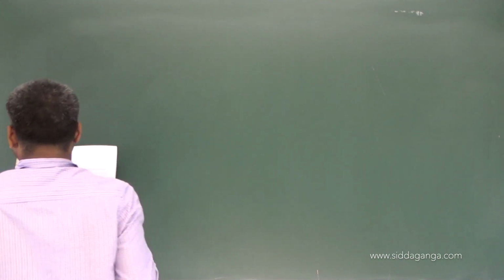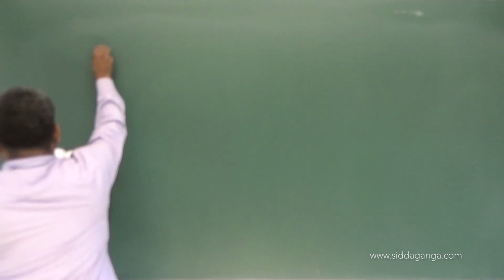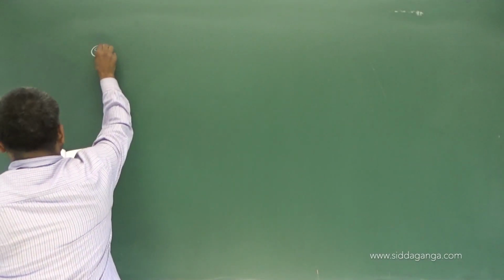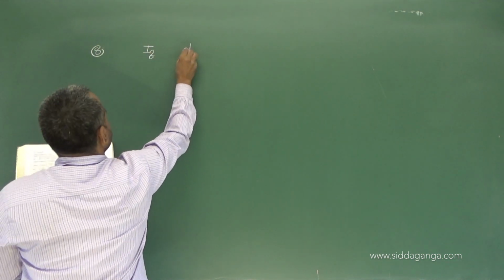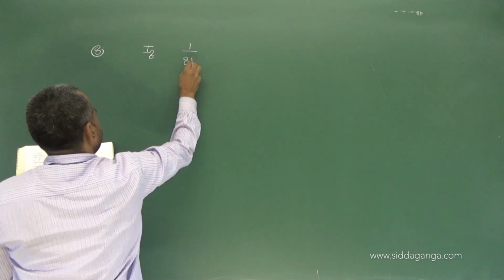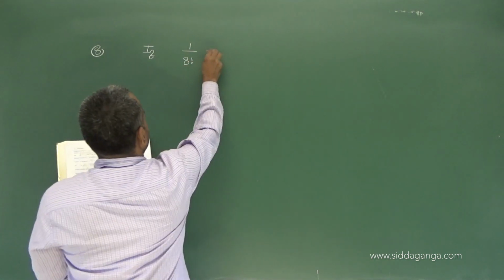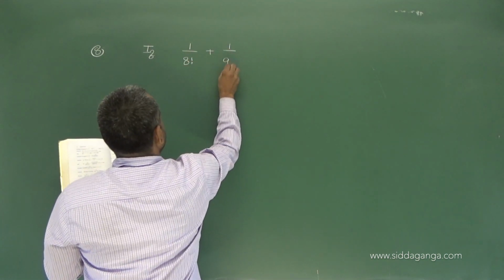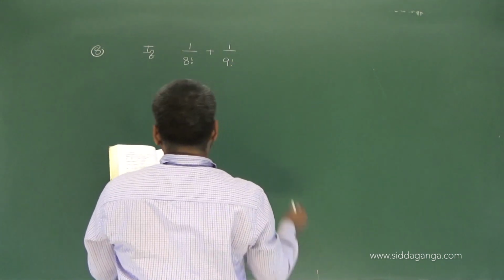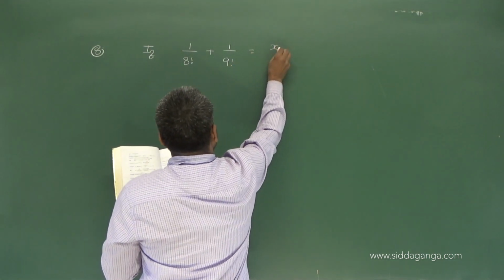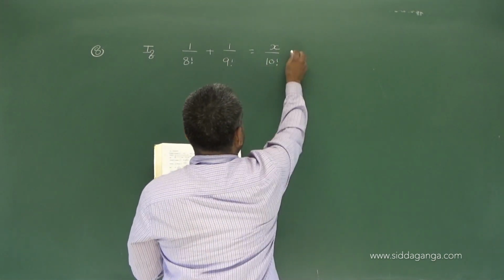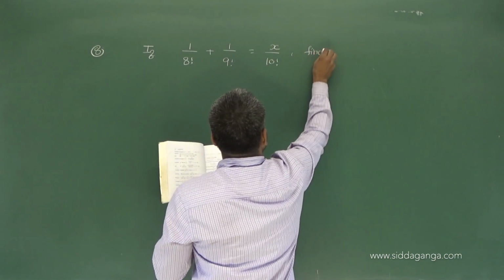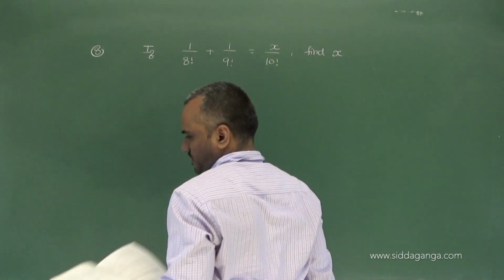Next one. I think example number 8. If 1 divided by 8 factorial plus 1 divided by 9 factorial is equal to x divided by 10 factorial, find x.